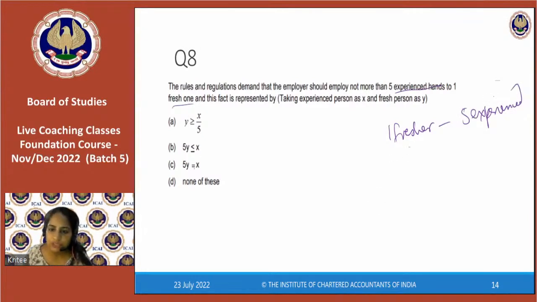Okay, so if fresher is represented as Y, as against one fresher, there must be 5 experienced hands, and experienced are given by X.